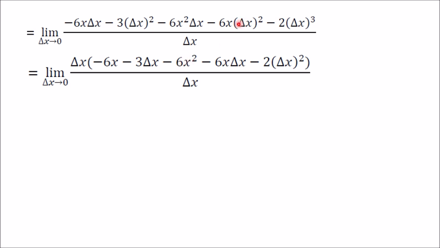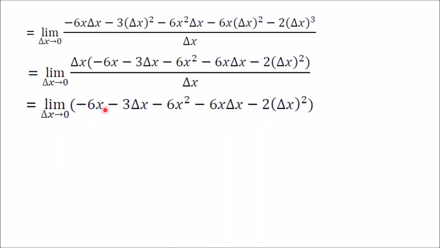Dito, lumabas yung isang delta x kaya may naiwan pang isang delta x. O, ito. Delta x cubed. So, tatlo yan. So, lumabas yung isa, kaya may naiwan na delta x squared. So, yung pinactor out natin na delta x, pwede natin ngayon i-cancel sa denominator. Ayan, cancel, cancel. Ang maiwan, yung sa numerator na lang, this one.